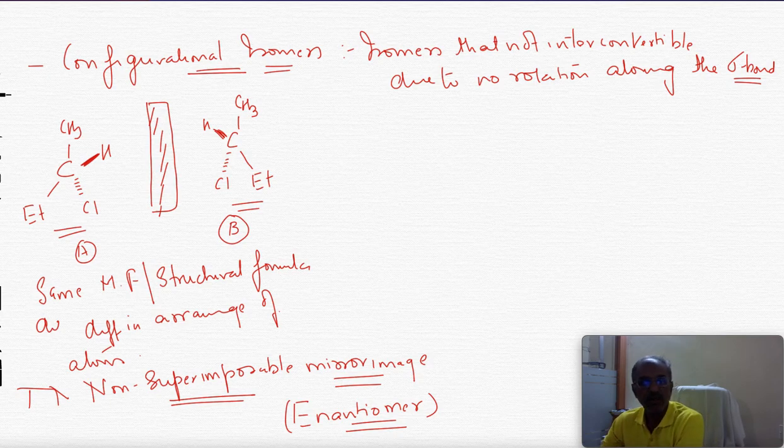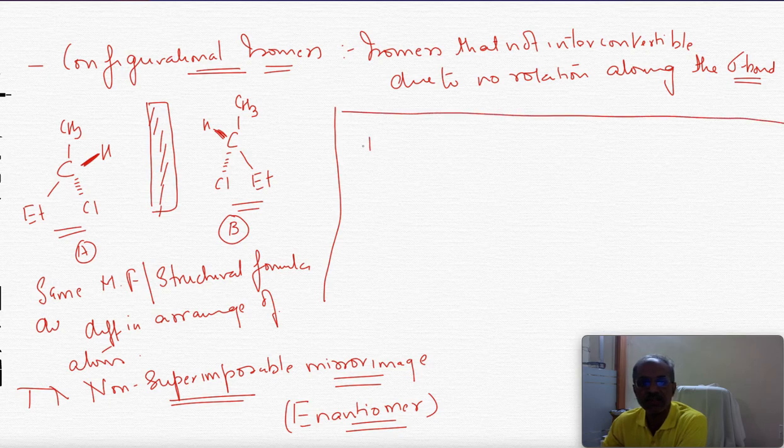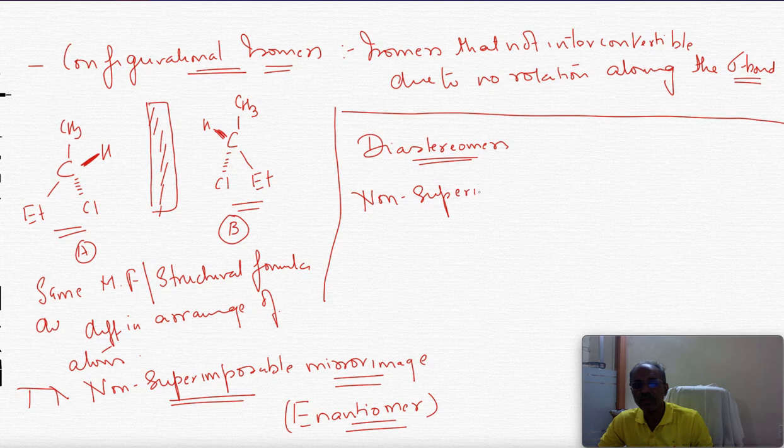Now, another part of configurational isomers is diastereomers. What do you mean by diastereomers? As enantiomers were non-superimposable mirror images, diastereomers will be non-superimposable and non-mirror image.